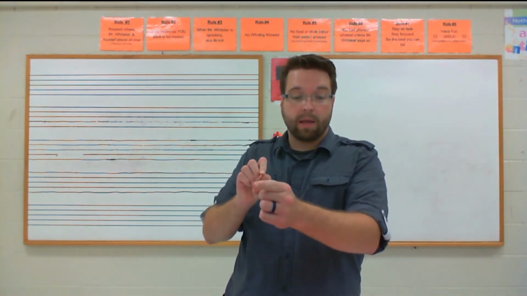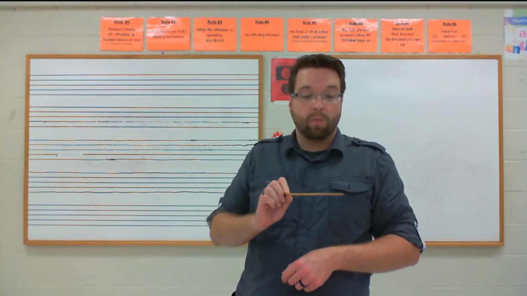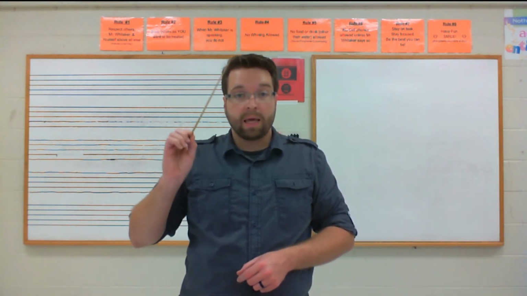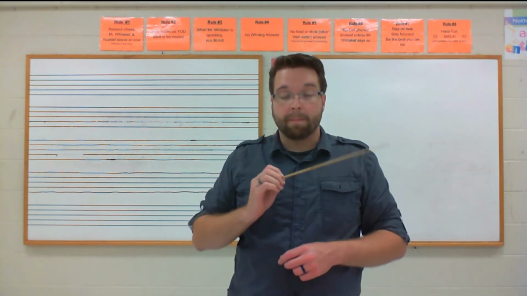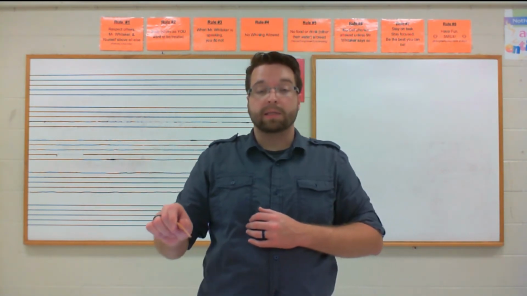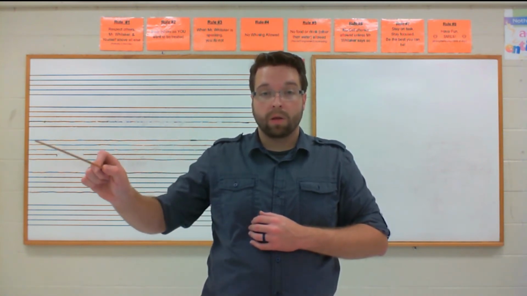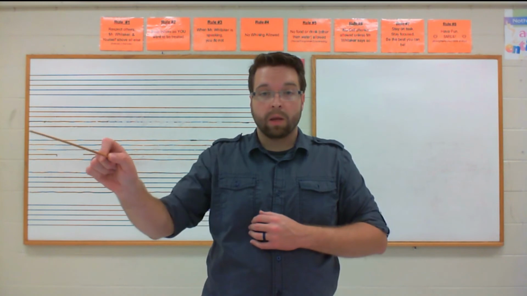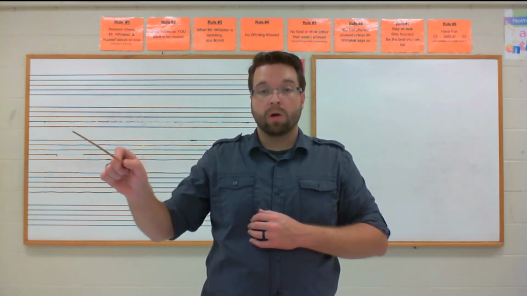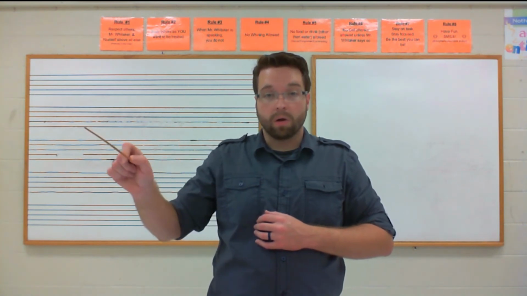That's the point where the ictus, or the beat, is going to land each time. So here is what conducting with the baton will look like. This is in duple. 1, 2, 1, 2, strong, weak, strong, weak.